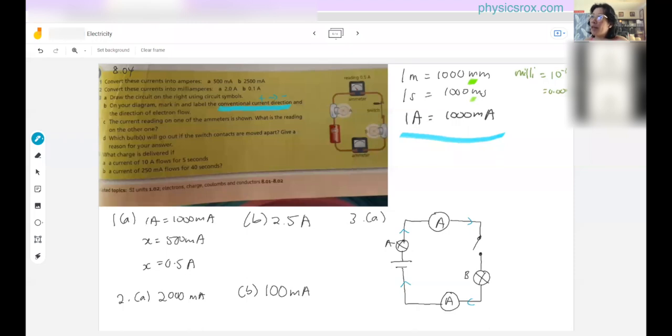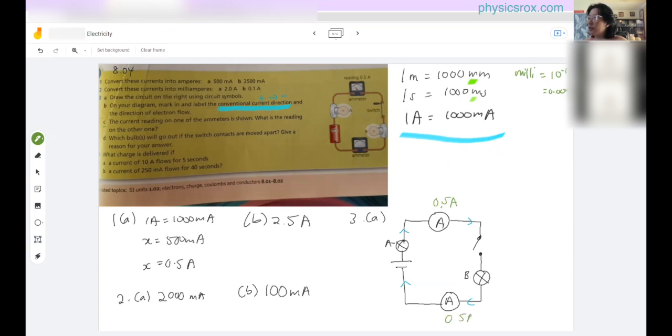And then C. This one they gave you here is 0.5 ampere. It's not related to 1 and 2. If this is 0.5, the current is the same throughout the whole circuit. The current doesn't change.